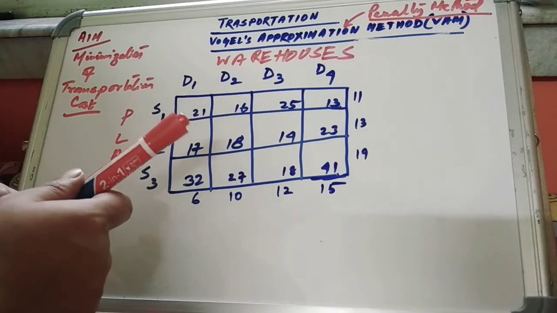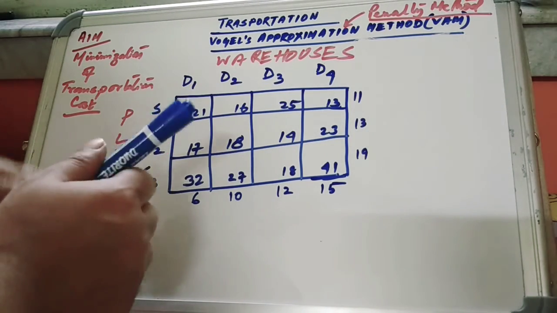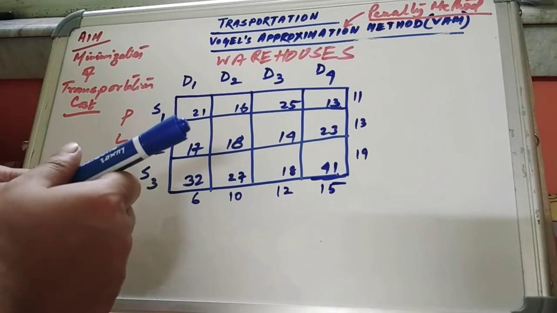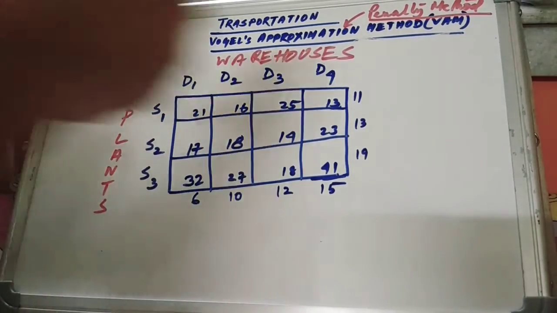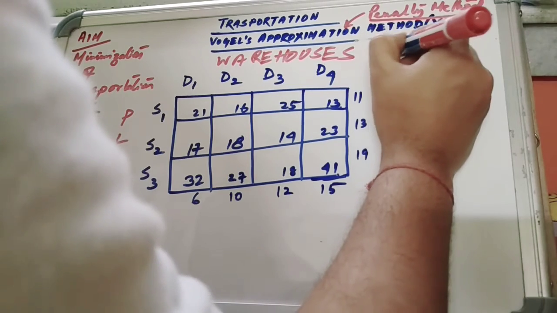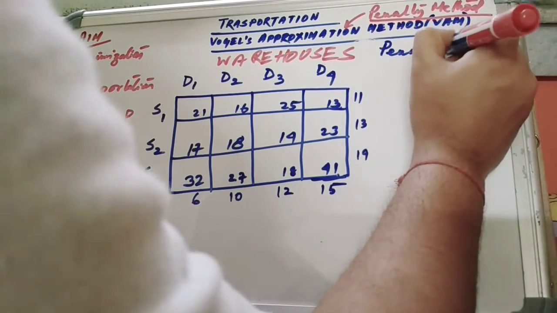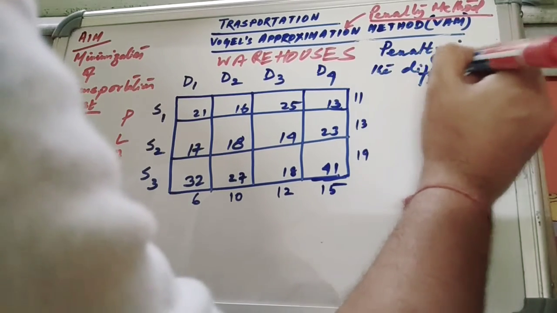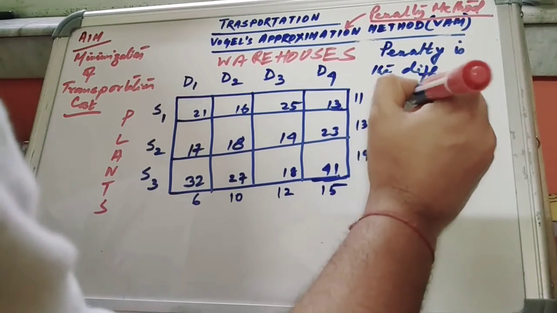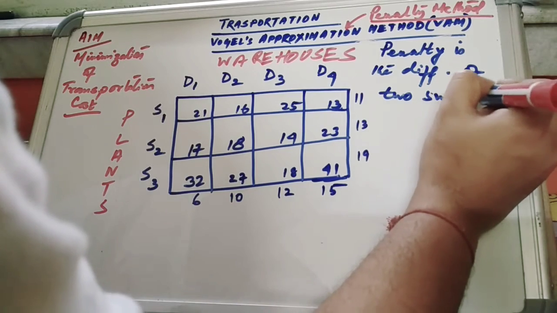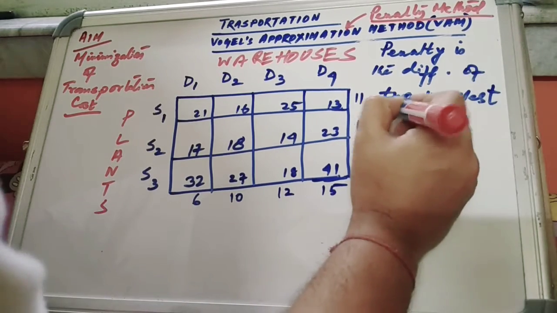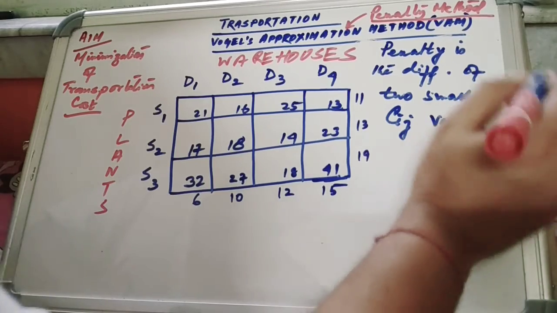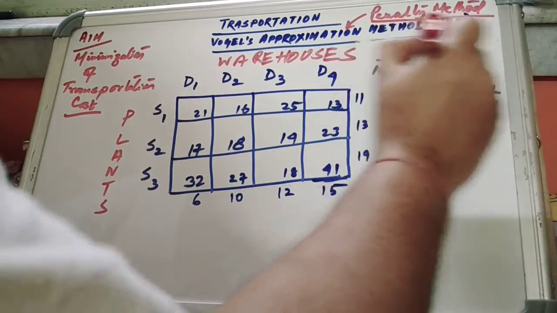First, penalty is nothing but the difference between the two smallest Cij values. I will write that: penalty is the difference of two smallest Cij values of a particular row or column. Okay, this is the penalty.